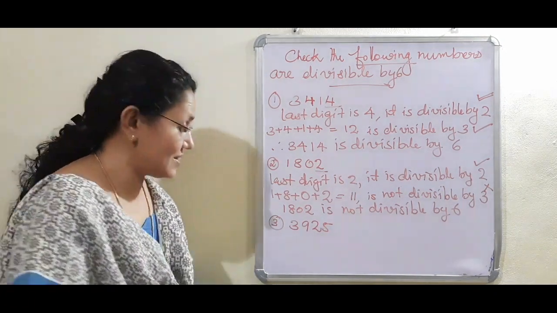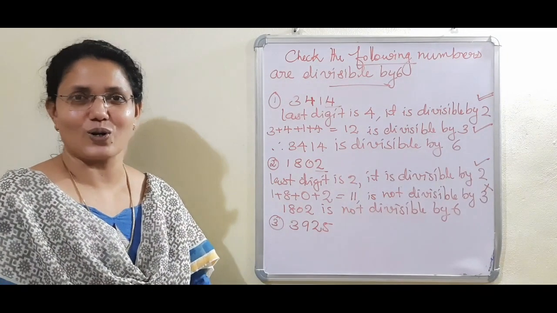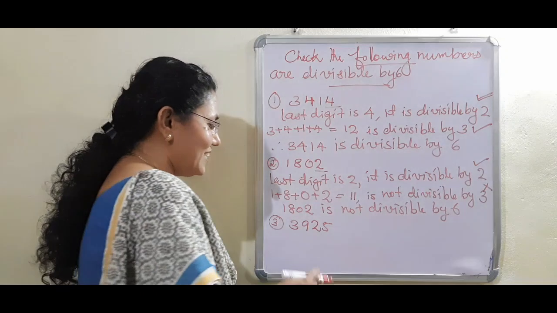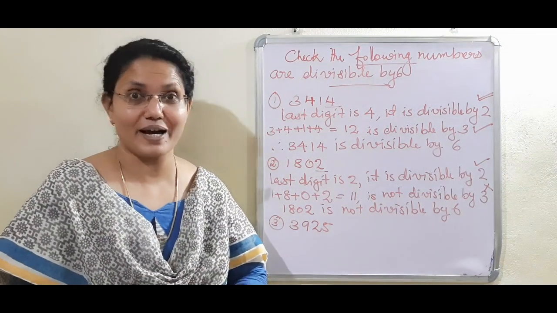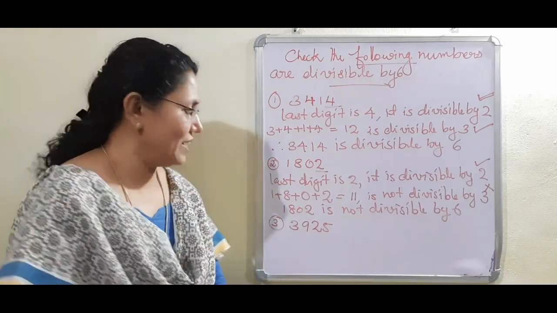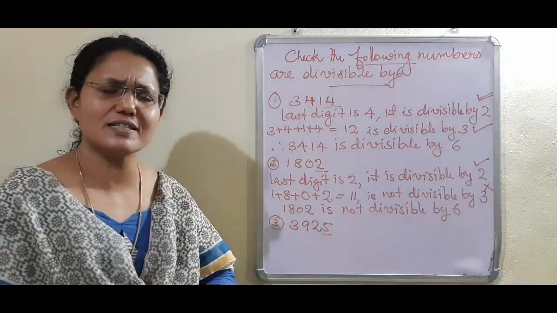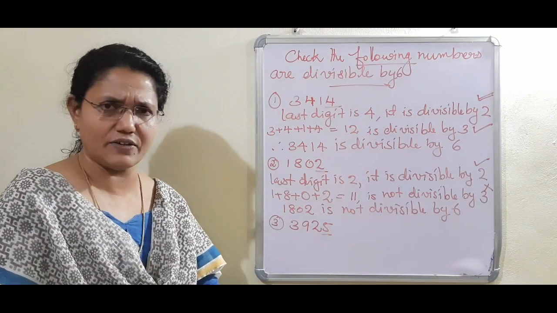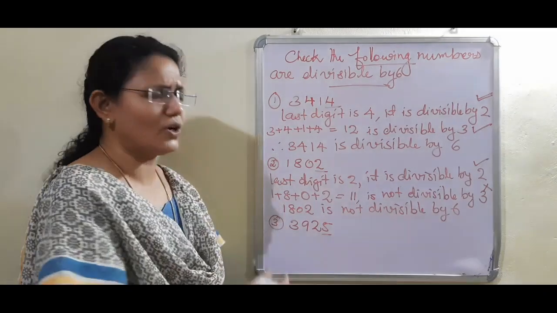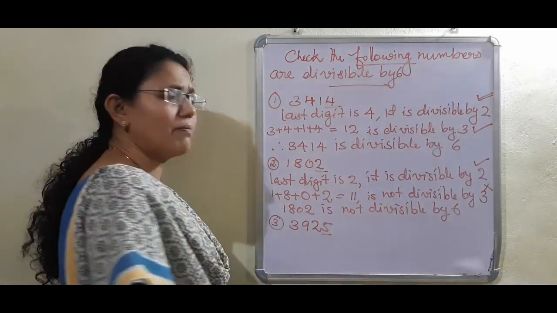Okay, now the third question, 3925. Just by a look, we can say whether it is divisible by 6 or not. How? Because a number is divisible by 6 if it is divisible by both 2 and 3. Now, here the number is not divisible by 2 because it is an odd number. Odd numbers are not divisible by any even number. So you need not check whether it is divisible by 3 or not. It is not divisible by 2.